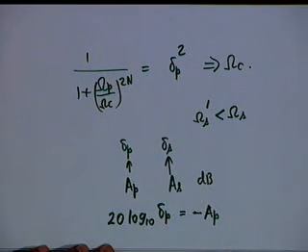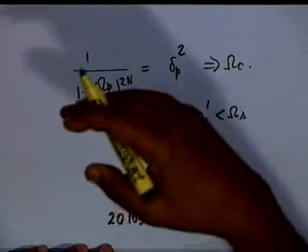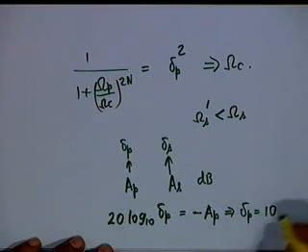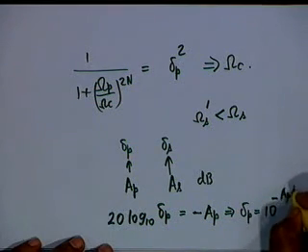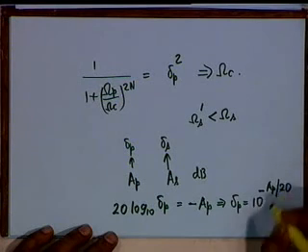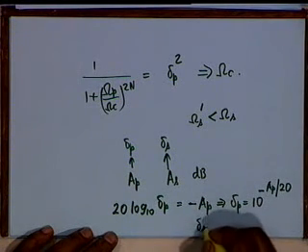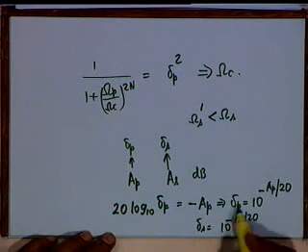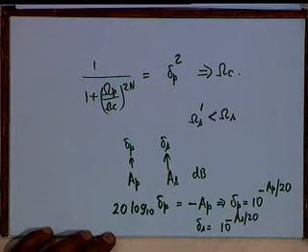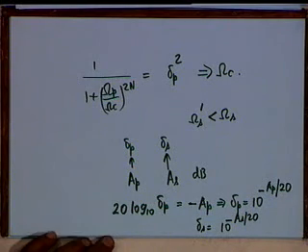That is correct. Minus AP, because 1 corresponds to 0 decibel. Anything below that must be negative. Okay? And therefore delta p is equal to 10 to the power minus AP by 20. In a similar manner, delta s equal to 10 to the power minus AS by 20. So you shall have to convert the decibel specifications into ratio, that is pure numbers, and then find out capital N.